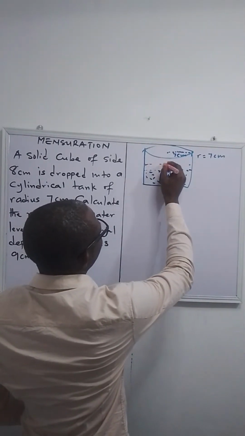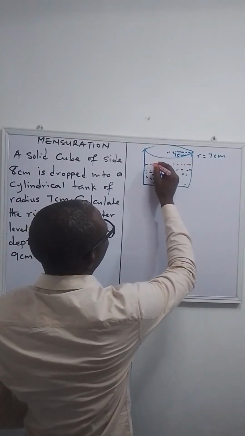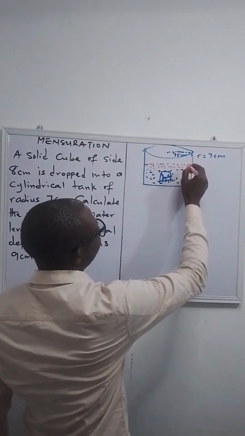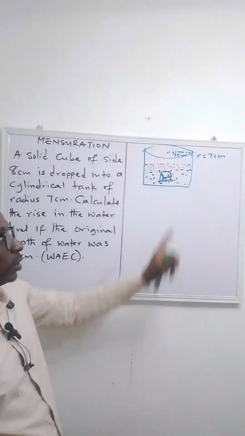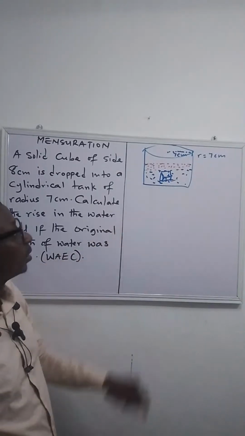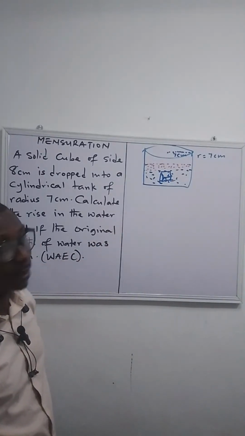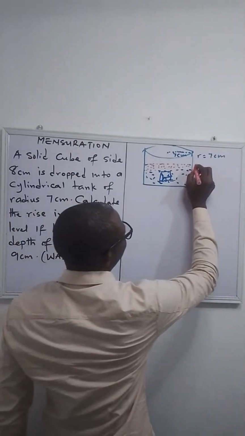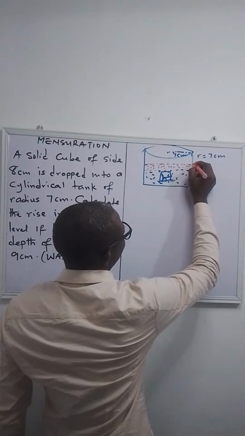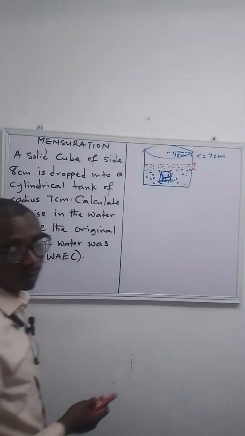The volume of the water will increase, and that increase is going to be the volume of the cube dropped inside the water. So there will be a slight change here, and that is what the question wants us to get.